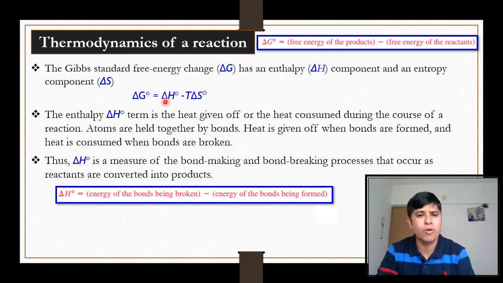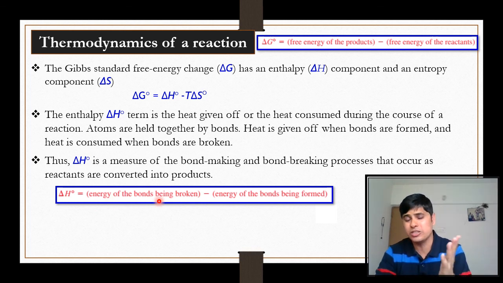So delta H is a measure of bond making or bond breaking as reactants are converted into products, equal to the energy of the bonds being broken minus the energy of the bonds being formed. Let us see in the next slide.